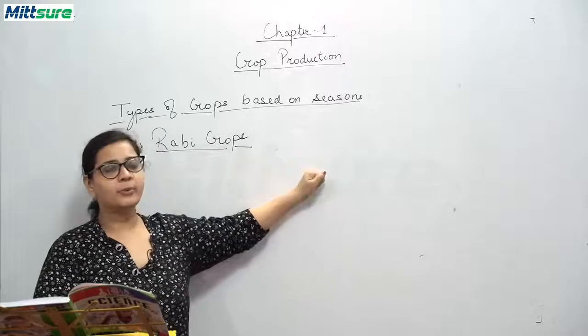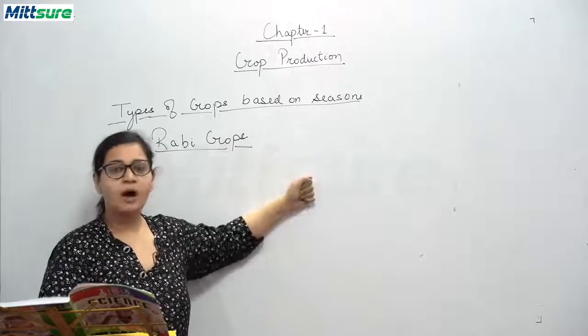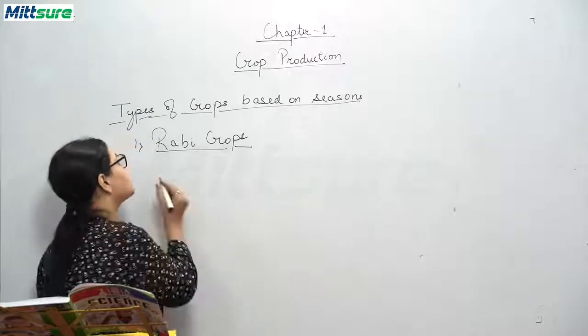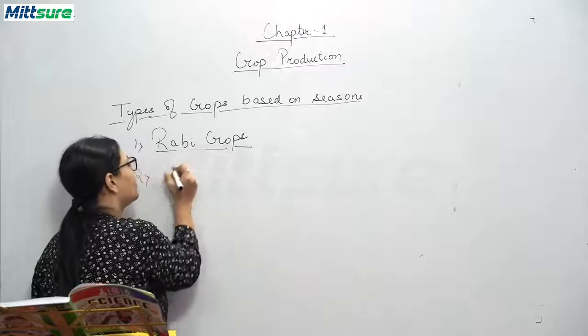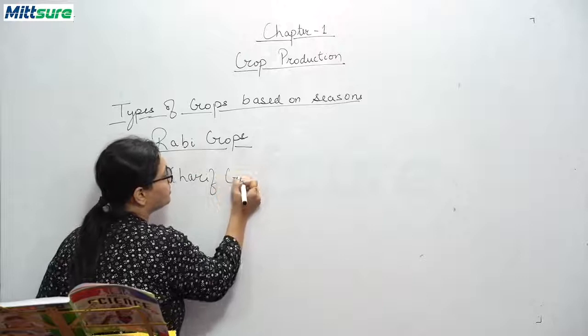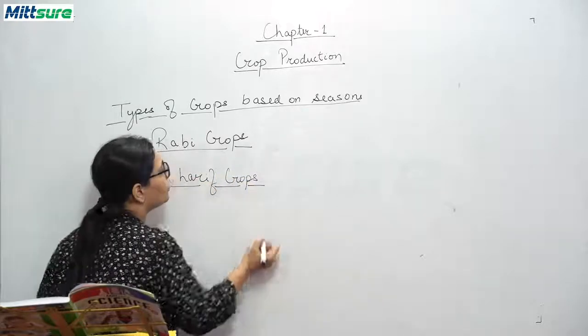The examples of Rabi crops are wheat, gram, pea, barley, mustard, etc. Now, the second type of crops is Kharif crops. We will study about this in detail in further classes also.